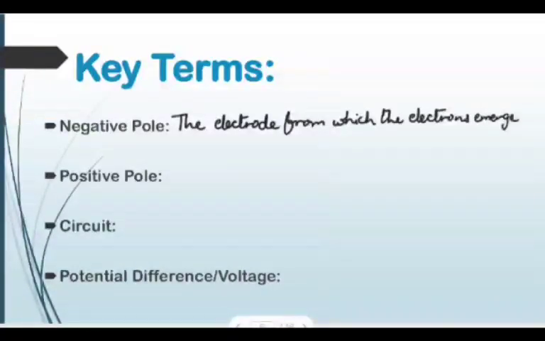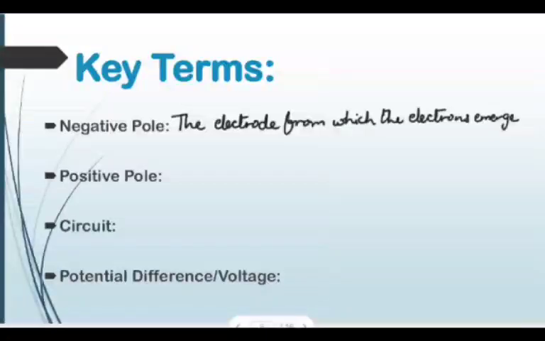Emerge means comes out. It has to give out the negative charge, so that the electron of the first atom of the wire jumps away, or repulsion is created.